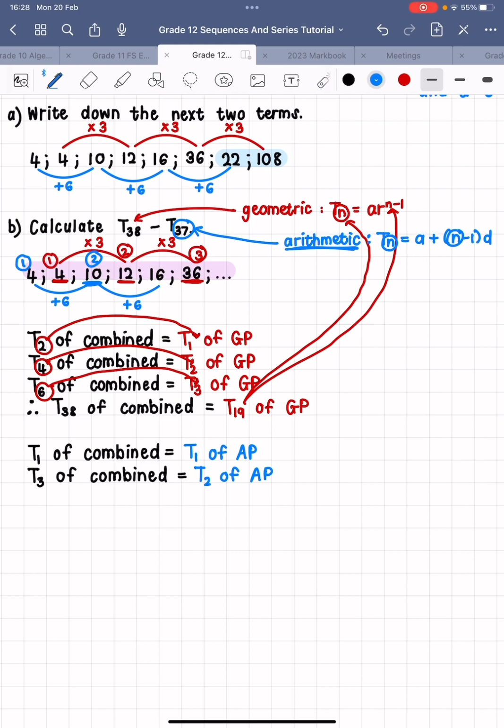Next up, we have 16 here, which is term 5 of the combined pattern. That is going to give us term 3 of the arithmetic pattern.